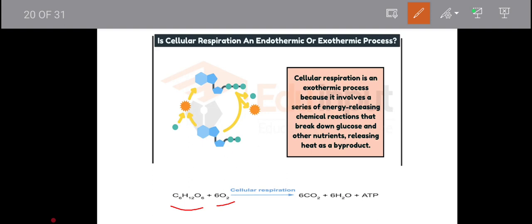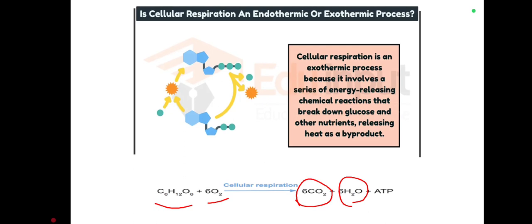As a result, breakdown of glucose takes place, and carbon dioxide gas is produced, water is produced, and ATP, meaning energy, is also liberated. Since energy is liberated during this reaction, we can call cellular respiration an exothermic reaction.